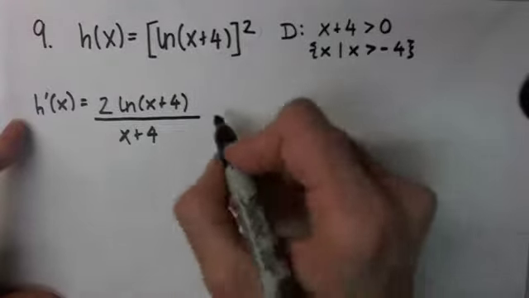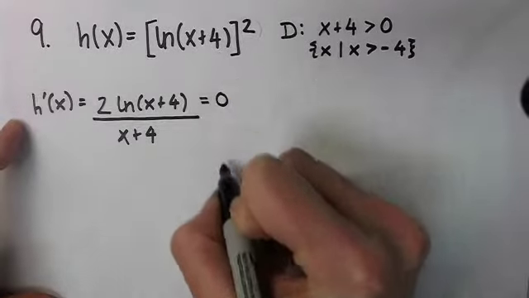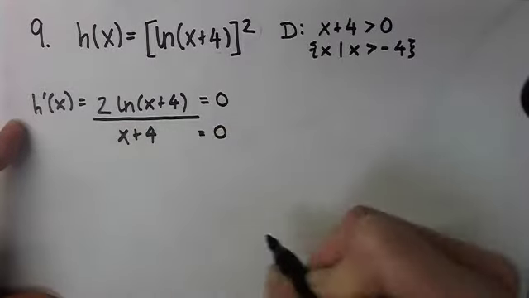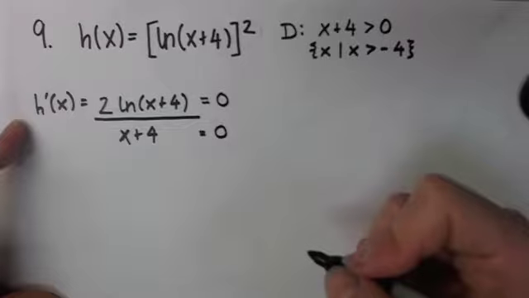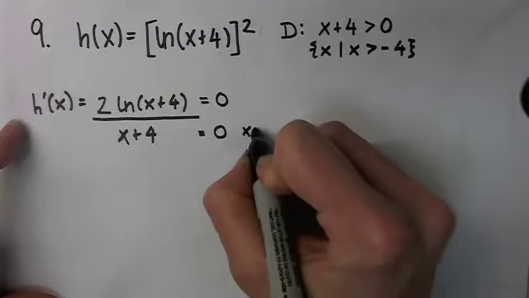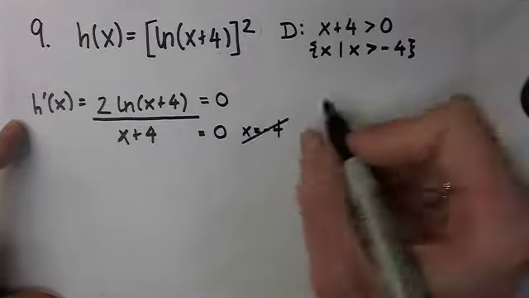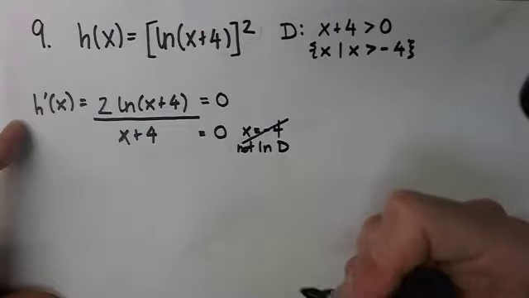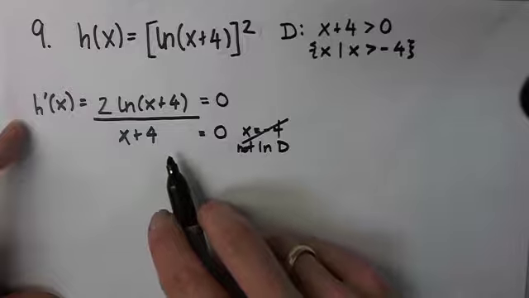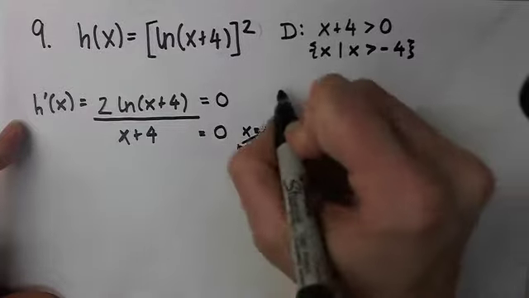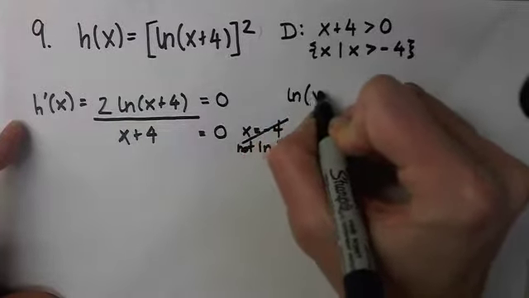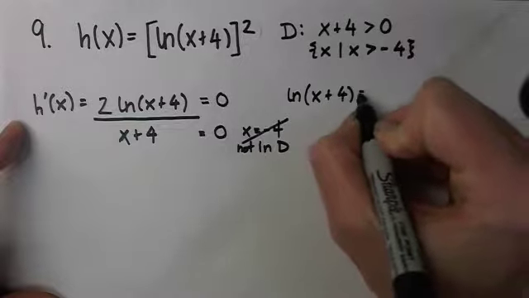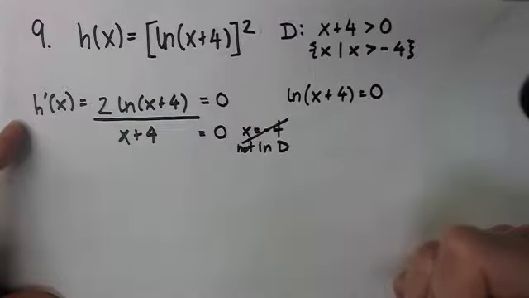Okay, critical numbers occur when the derivative is 0 and when the derivative doesn't exist. So you set both top and bottom equal to 0. The bottom is equal to 0 at -4, which is not in our domain, so we're not interested in it. The numerator, we need to solve where it's equal to 0. If you divide both sides by 2, that's equivalent to solving where the natural log of x plus 4 equals 0.